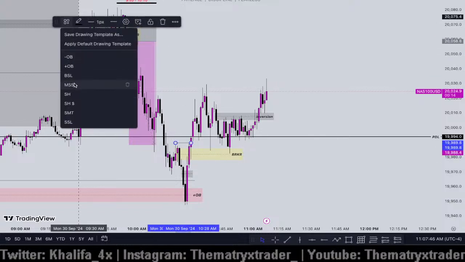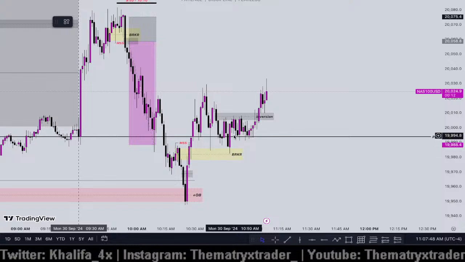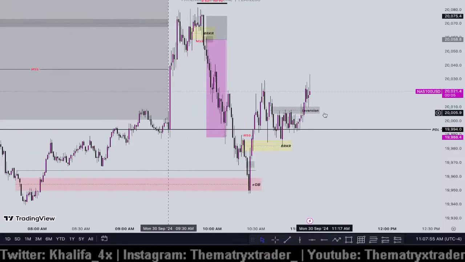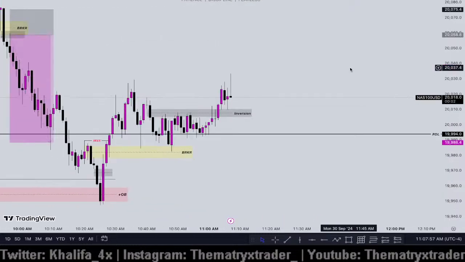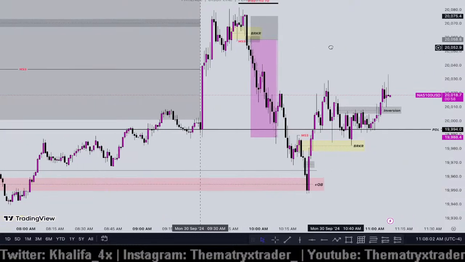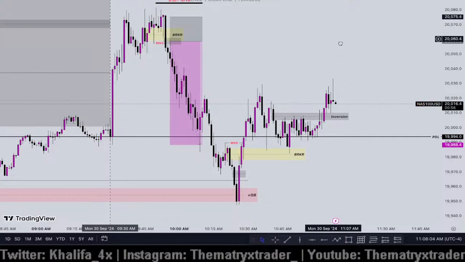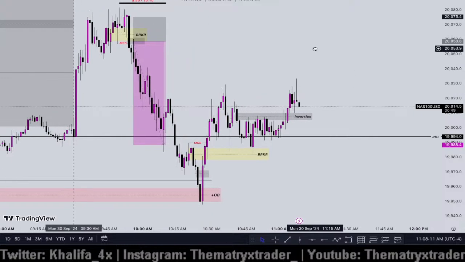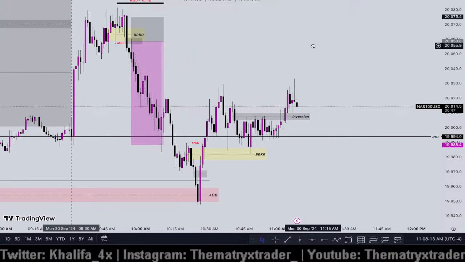This market structure shift, this breaker block entry, and you see it's just building orders, and price came just into this inversion. Now since it took out this buy side, let's wait and watch what this price will do with this.